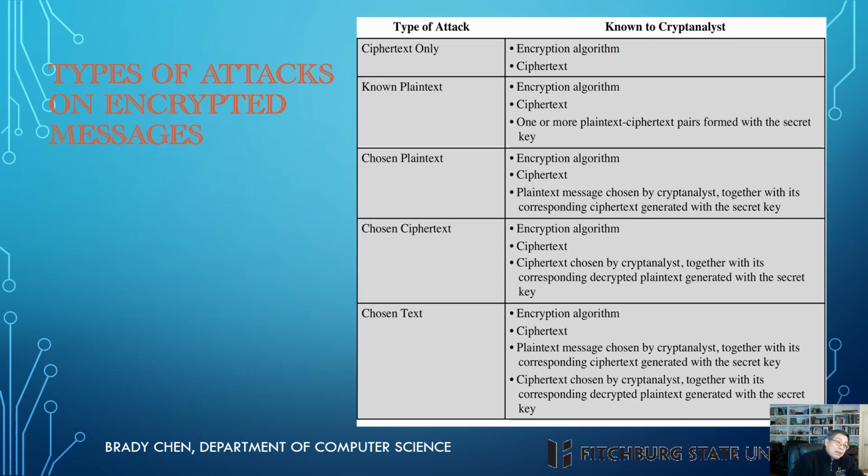Okay, let's summarize the types of attacks on encrypted messages. In this table, we list the types of attacks on the left, and we also provide some of the known information to the cryptanalyst, because the goal is to break the message.